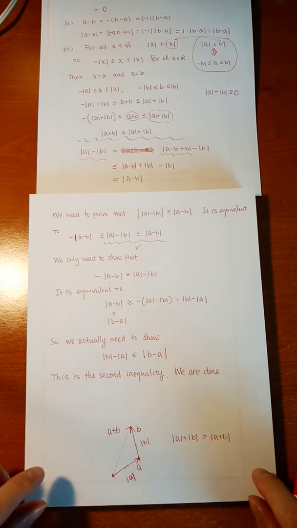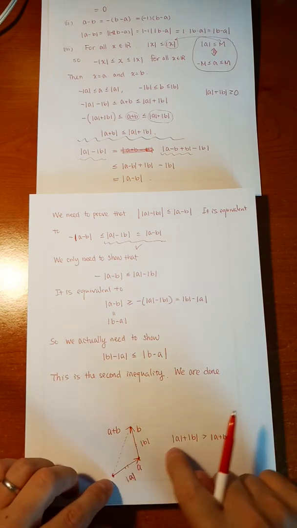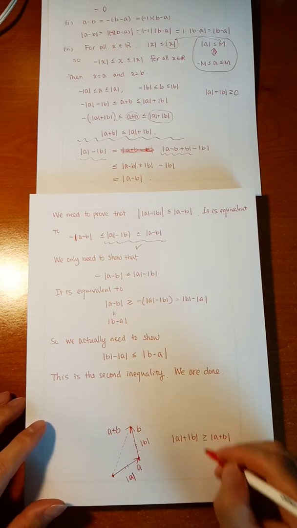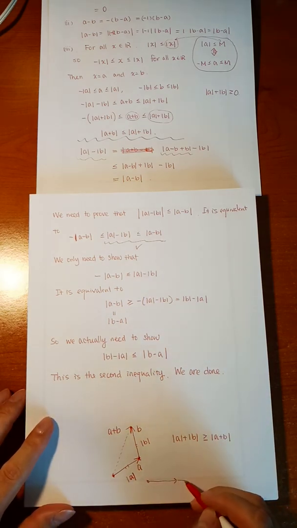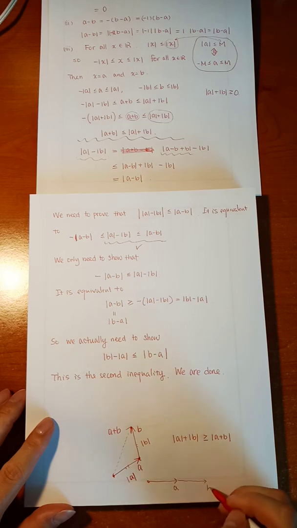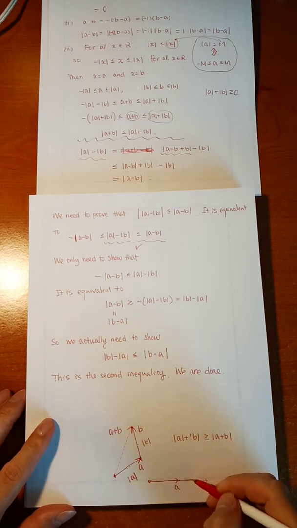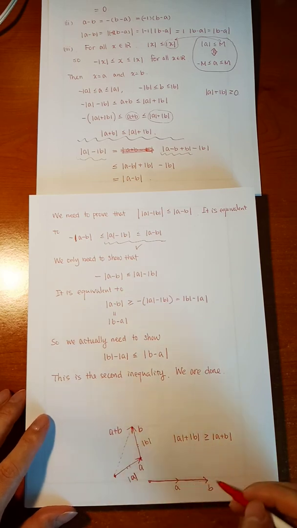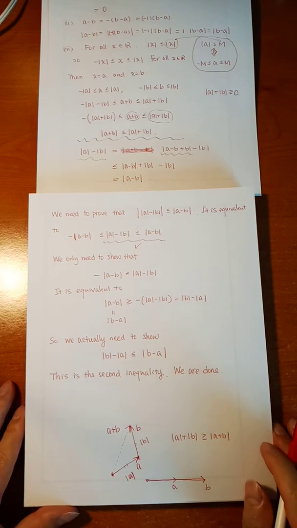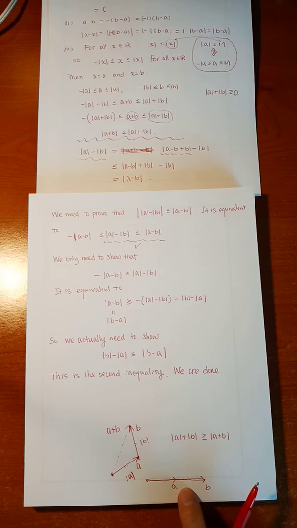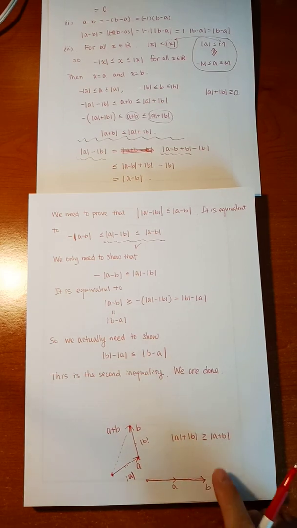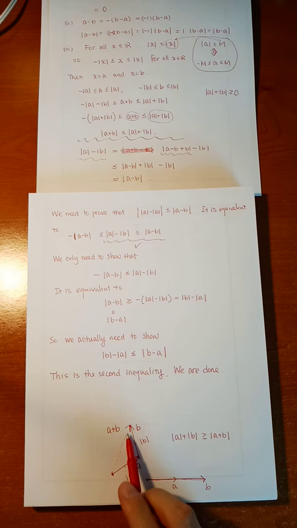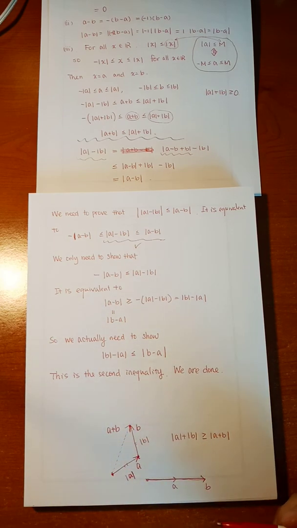If you have a degenerate triangle, they belong to the same line. It can be equal. For example, if you have A, then you have B, then the total will be A plus B. In this way, you do not have a real triangle, you have a segment. This is the degenerate case. In the degenerate case, you have equality. If you do not have the degenerate case, you have an inequality. Because of this geometric meaning, we call this inequality the triangle inequality.